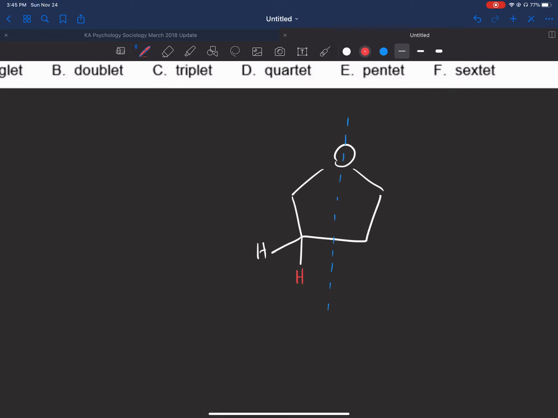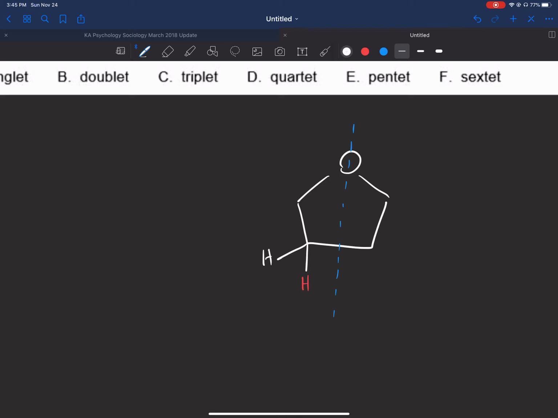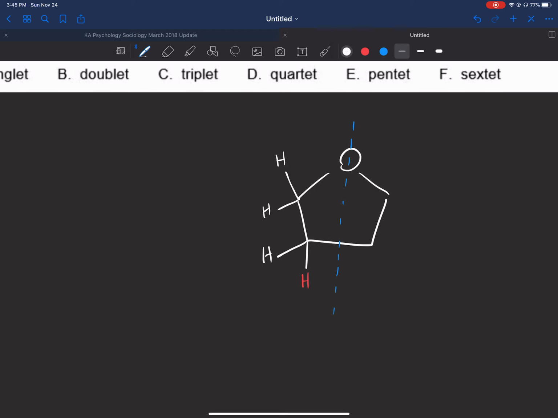So let's go up to the top. There are 2 hydrogens here. Remember, they're both considered the same. But that's different from these 2 hydrogens, because if you can see, they're bound to a carbon directly bound to the oxygen. So they're going to be considered different from this hydrogen. So here we go: 1 signal, 2 signals.